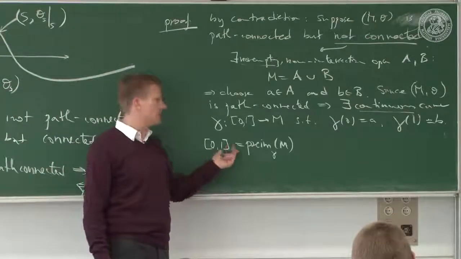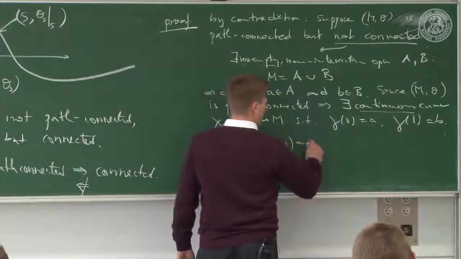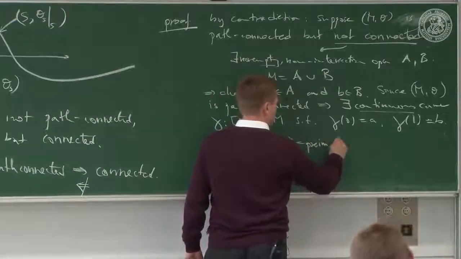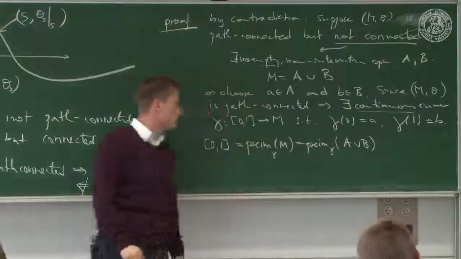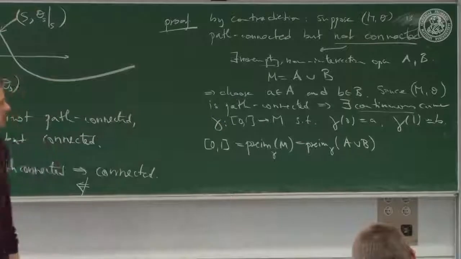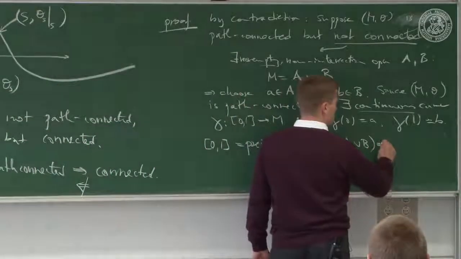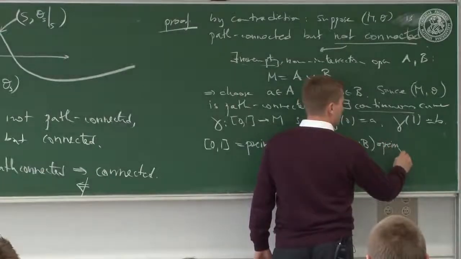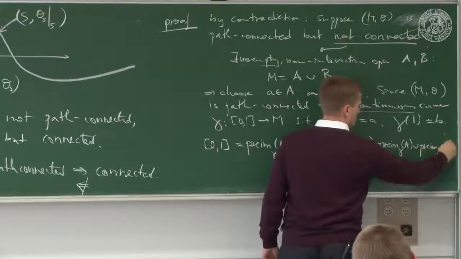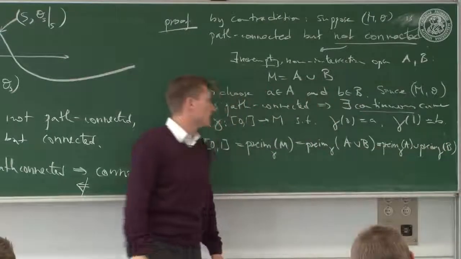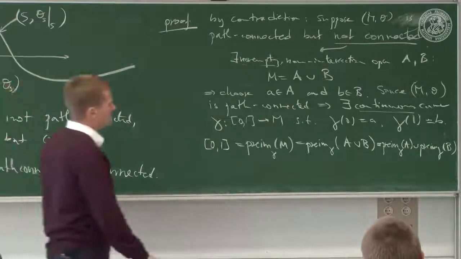But we know that M is A union B. What do we know of the pre-image of a union? Well, the pre-image of the union is the union of the pre-images. If in doubt, write down the definition of the pre-image. This is totally obvious.